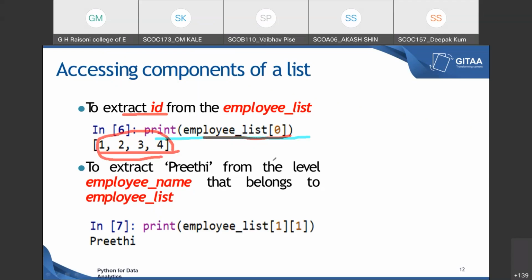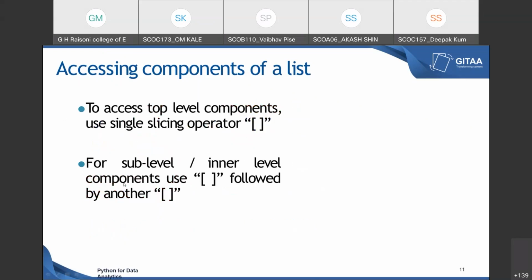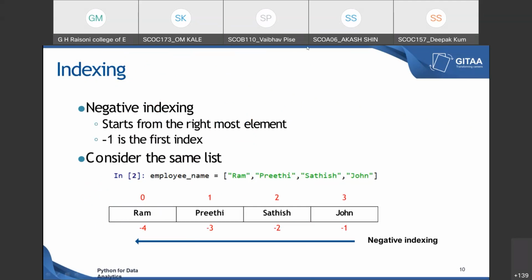Now, next is to extract Preeti as an employee name from the employee name list that belongs to the employee list. If you observe the previous PPT, Preeti is in the second position. But from where does the indexing start? First is employee ID and second one is employee name.